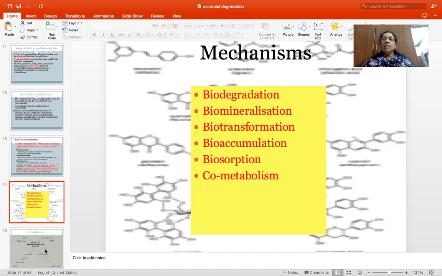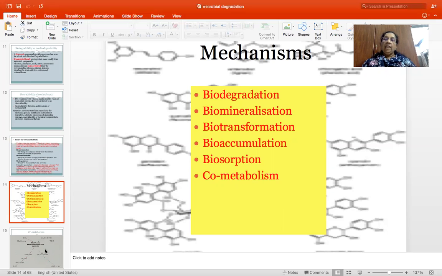When a particular compound is completely degraded to carbon dioxide and water, it is called biomineralization. It is complete degradation. And biotransformation is transformation of one type of compound to another form. So sometimes the changed form will be more toxic or less toxic than the parent compound. And we saw about bioaccumulation already. It is accumulated inside the cells.